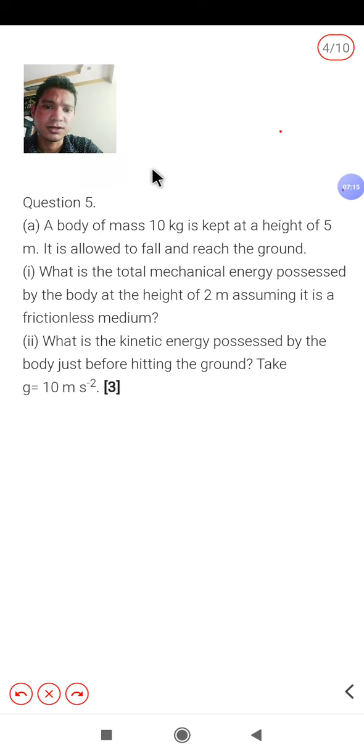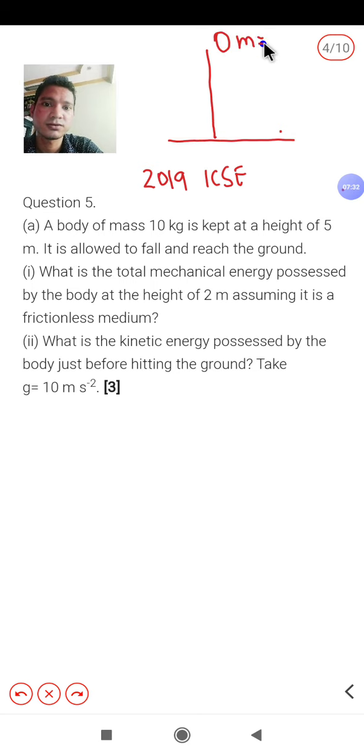This question was asked in 2019 ICSE. You can check it. A body of mass 10 kg is kept at a height of 5 meter. So let me draw a rough diagram here. This is the body, and the height is given as 5 meter.